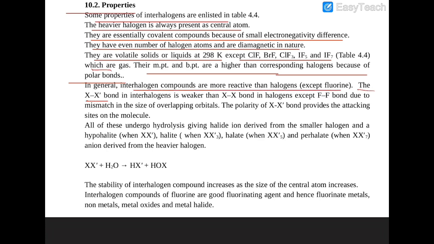The XX' bond in interhalogen compounds is weaker than the X-X bond in halogens, except that of fluorine, due to mismatch in the size of the overlapping orbitals. The polarity of the XX' bond provides an attacking site on the molecule.